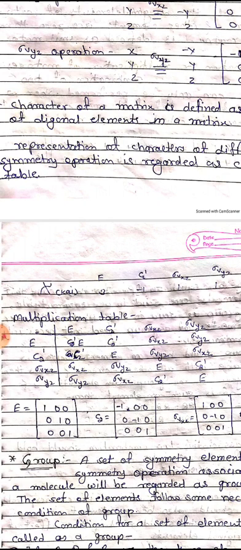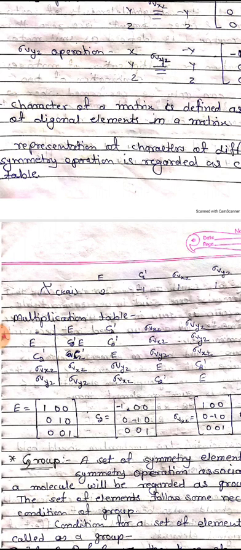Now, the multiplication table of symmetry operations, we have symmetry operations of water at top of the table, that is identity operation, rotation operation, sigma v xz operation, and sigma v yz operation.